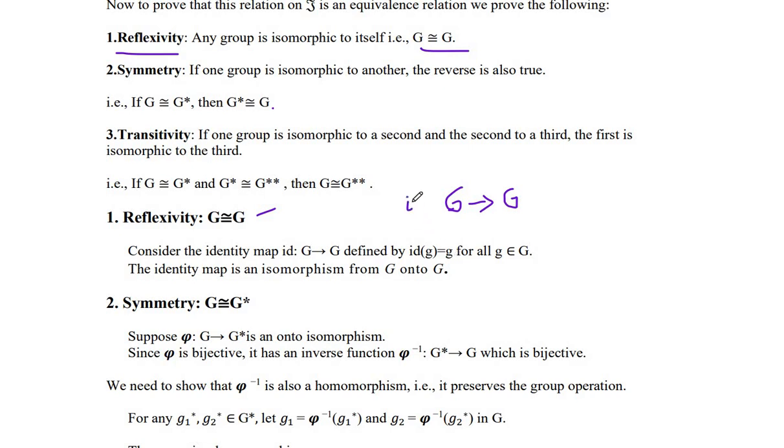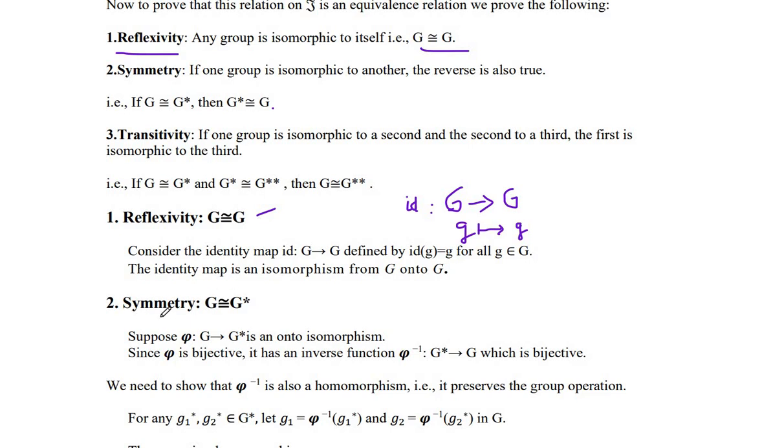So if we consider the identity mapping from G to itself, which takes any element to itself, in that case we have this mapping to be a one-to-one onto homomorphism. In the examples we have given, the identity mapping is always a homomorphism. So we have that mapping serving the purpose to show that G is isomorphic to G.